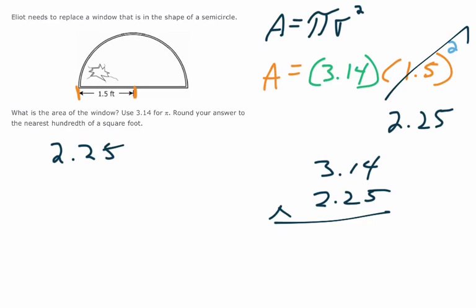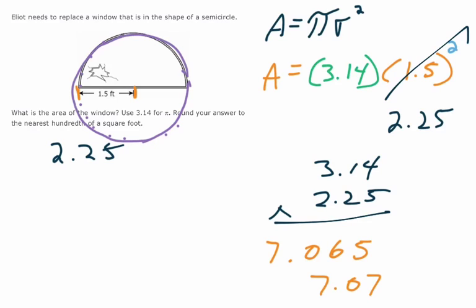I'm not going to do it out here, but having worked it out right before I started the video, you get something like 7.07. Now, some people stop there because that is actually good work, but that would be the area of the full circle right here.